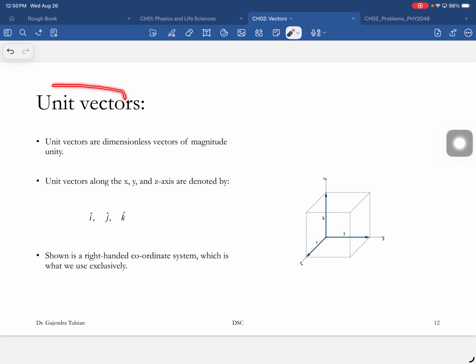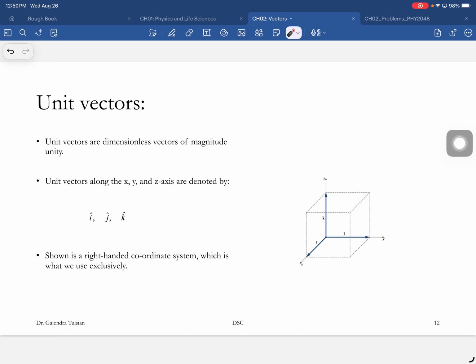So these are special guys, unit vectors. What do you think that means? The length of these vectors is unity. The length of those vectors is 1. And in addition, they are dimensionless.